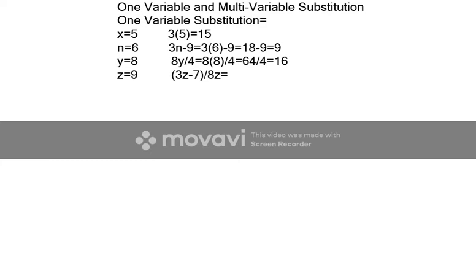So we just do the same thing. Let's just substitute our variables. So it'd be 3 times (9 minus 7), and then let's put another set of parentheses. This one we put two parentheses because we have two different places for the variable.